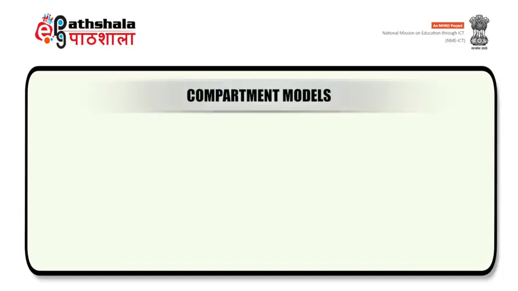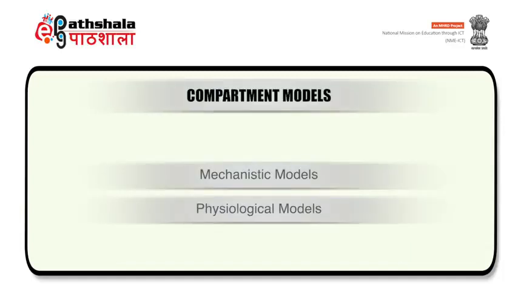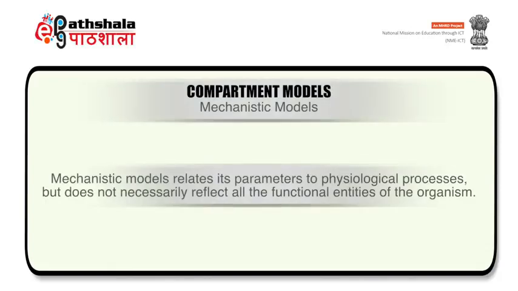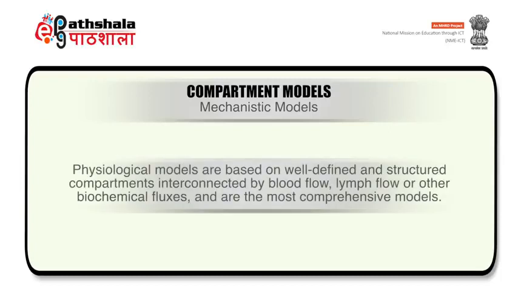In compartment models, there are two types: mechanistic models and physiological models. Mechanistic models are related to physiological processes but are not fully functional models of the organism. Physiological models are based on interconnected compartments which include a series of organs and tissue spaces.